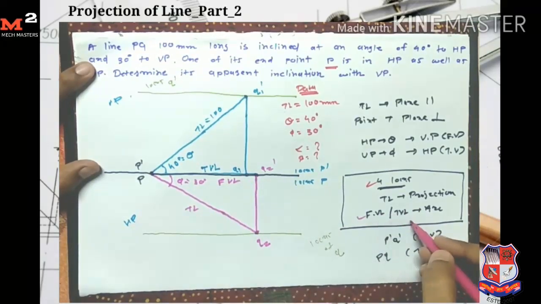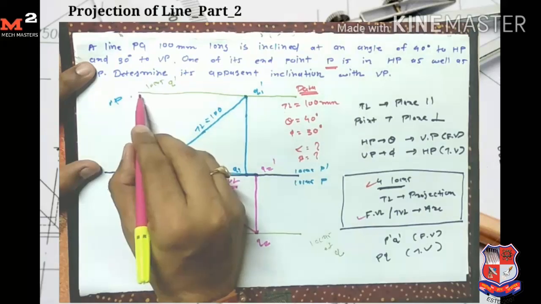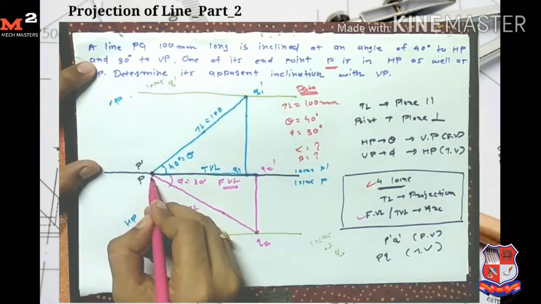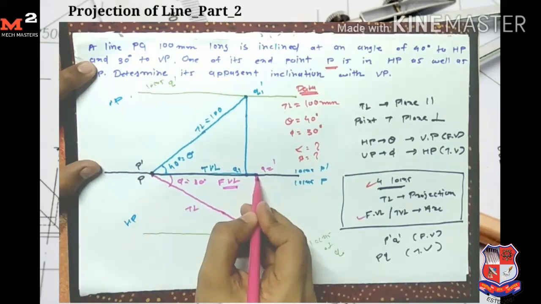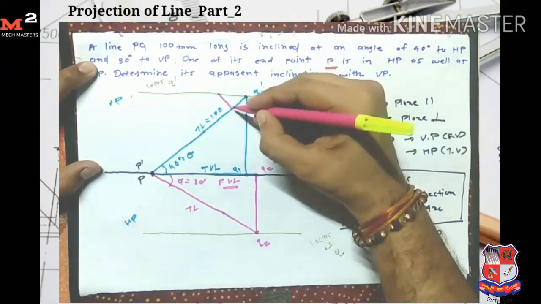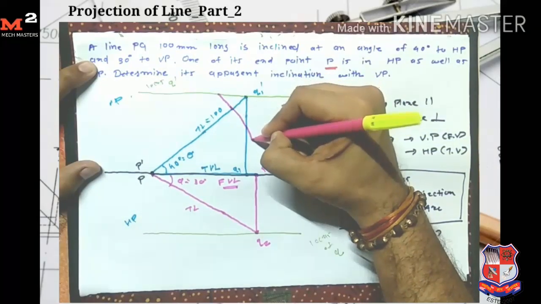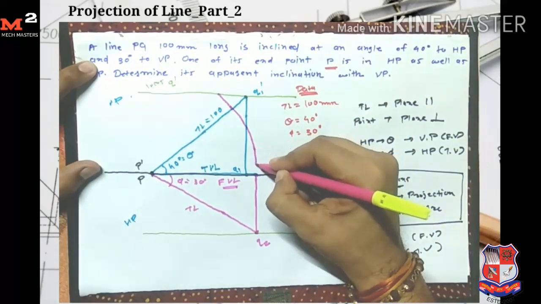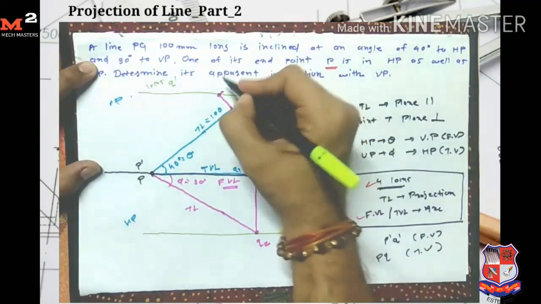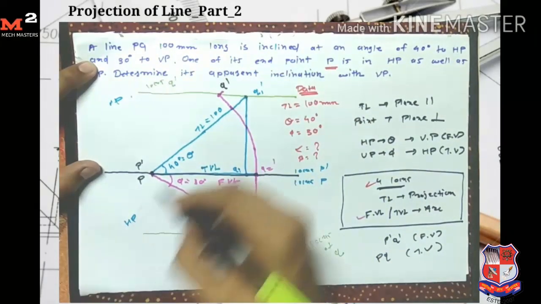From the front view length and top view length I simply draw the arc to get the point Q dash on this locus. I take P as the center and P Q2 dash as the radius. I draw one arc which intersects here. So I get my final point Q dash here.